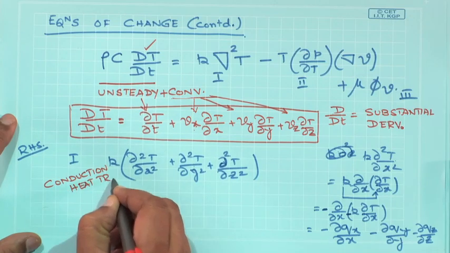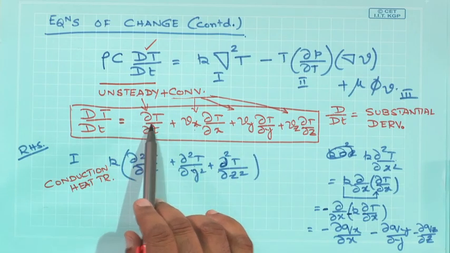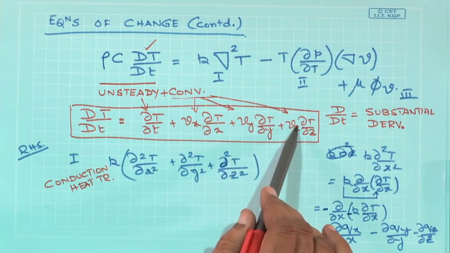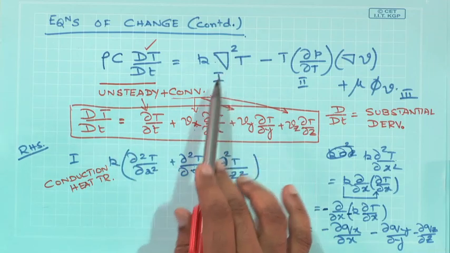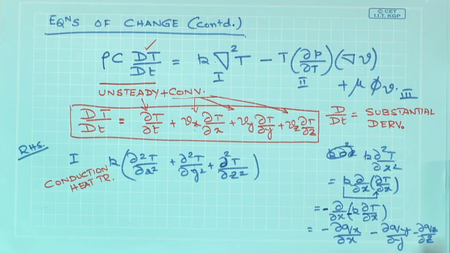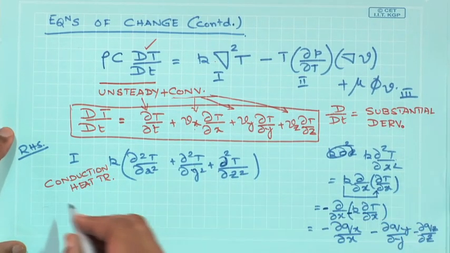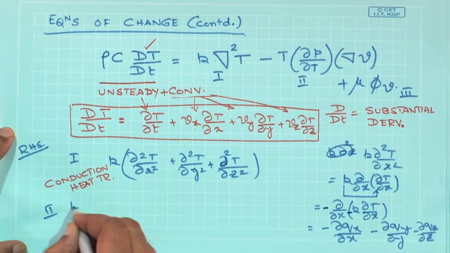or conduction energy transfer. So the left hand side is unsteady and convective heat transfer. The first term on the right hand side is conduction heat transfer, as I have shown here. The second term, the term 2, is due to expansion effects.